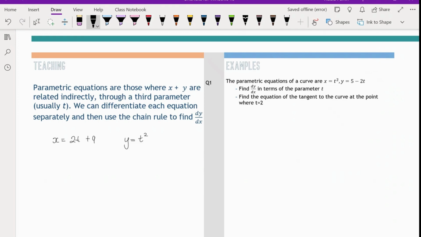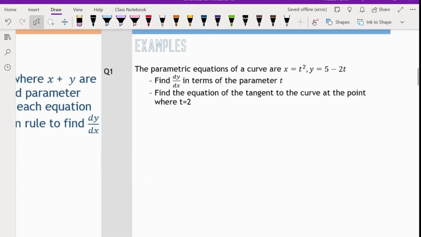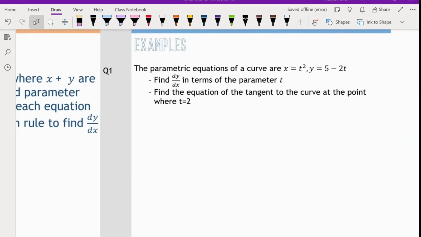So you will see over on this side, we have got two parametric equations. And our first aim is to find dy by dx in terms of t, and then we're going to have a go at doing the tangent. So we're going to have a go at x equals t squared first. So when we differentiate, I know you guys are probably like, right, we've got y equals, I don't know, 3x squared, and we differentiate that and we get 6x.